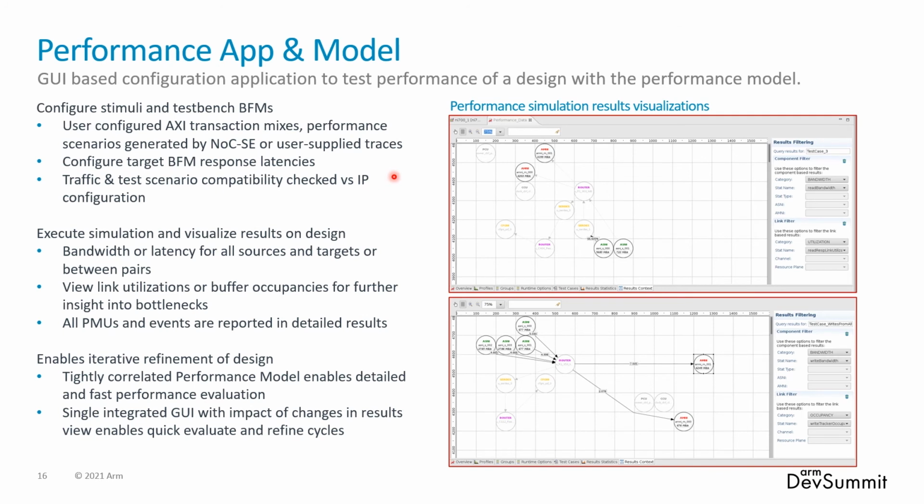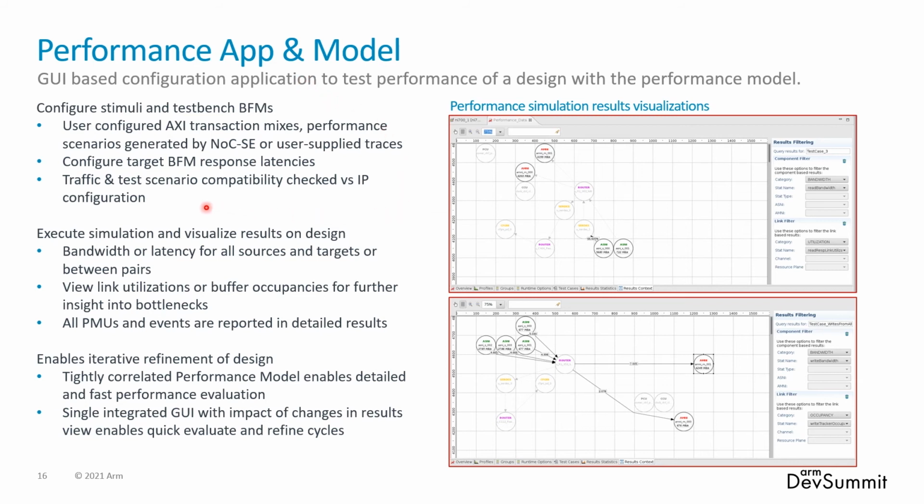There's a whole bunch of static reports which are generated, and these include the static latencies, the component utilizations, and all. In order to study the dynamic behavior of the generated NI 700, we also bundle a performance model, which is highly correlated with RTL through a performance app into the Socrates environment.